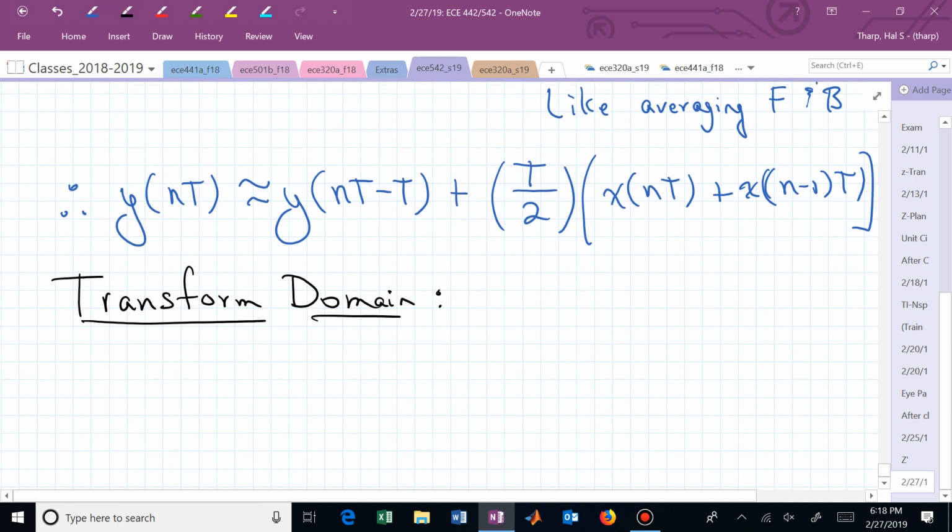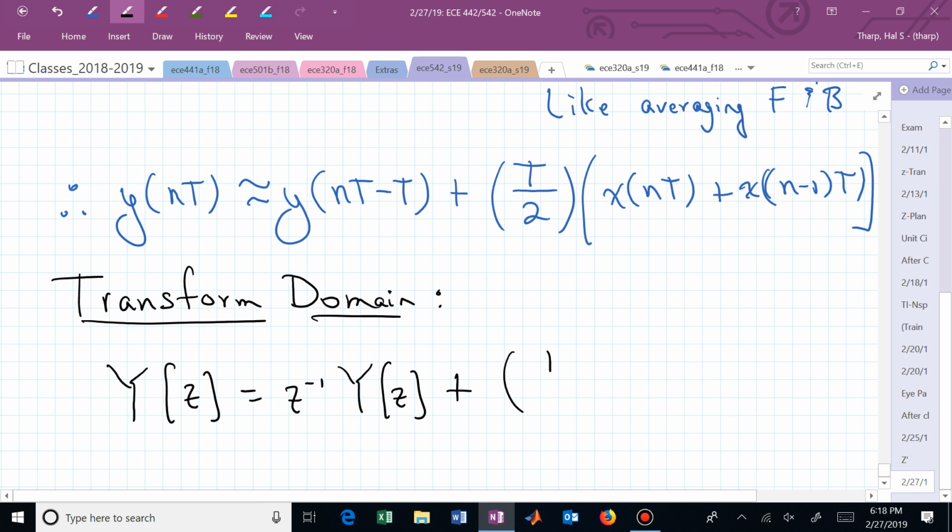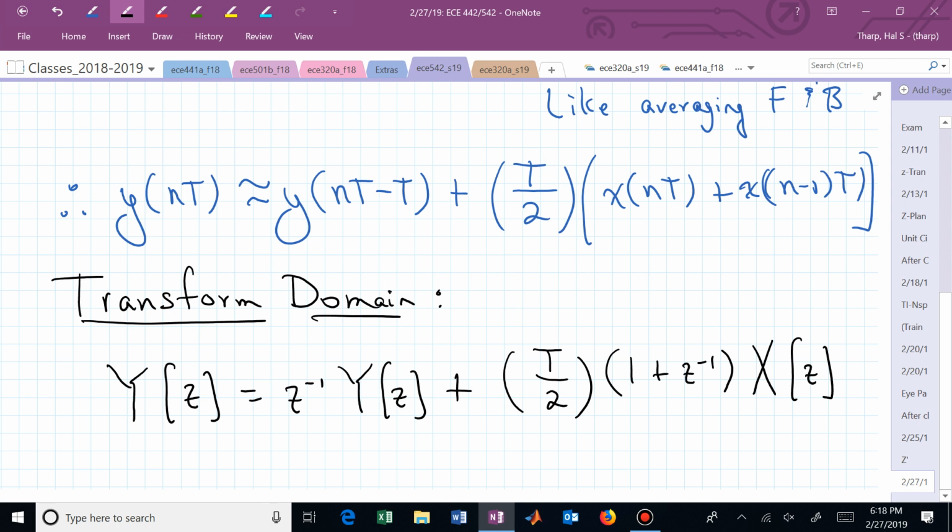We can transform that, or take it into the frequency domain. We now have Y of z equal to z to the minus 1 Y of z plus T over 2, and really we just have 1 plus z to the minus 1 times capital X of z, by z-transforming that approximation term.